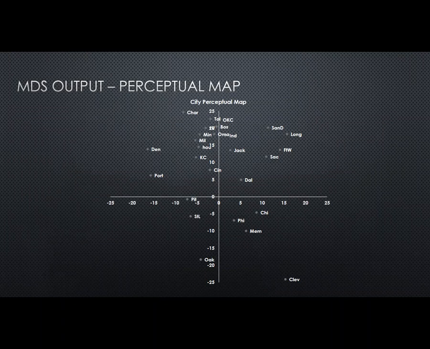So here's an example of a perceptual map based on the same information that was used in the cluster analysis with the different cities. And what you can see here is that we have various clusters, or what seems to be various clusters, but we don't have any formal clusters that the MDS tells us, oh, this right here is a cluster, and the center of that cluster is some particular city.